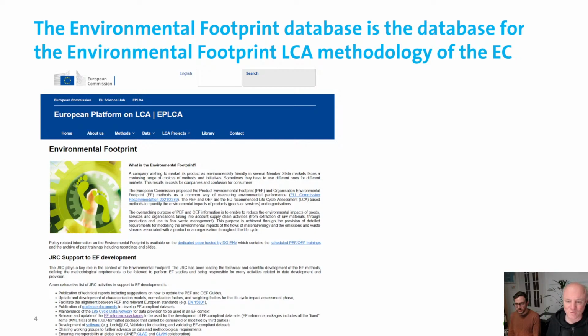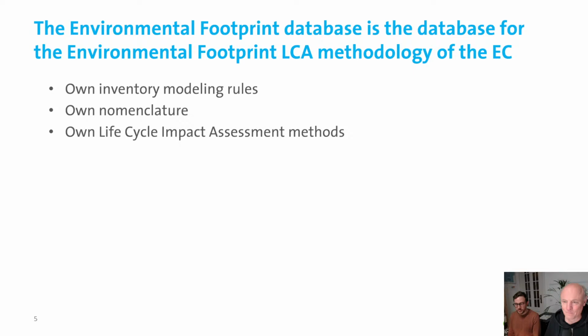Here's a screenshot just from the central website for the Environment Footprint of the Commission, and that brings as a consequence that you have in the Environment Footprint methodology, and therefore also in the database, its own inventory modeling rules.